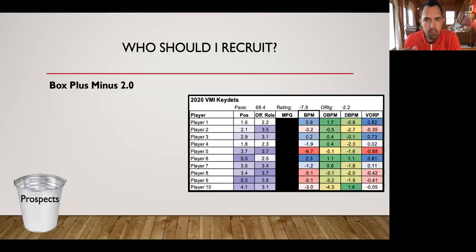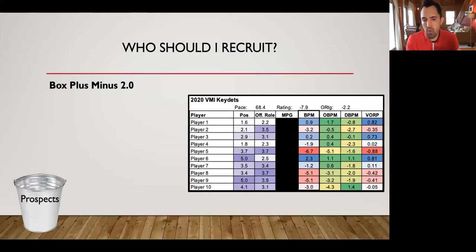So, all right, last thing: who should I recruit? This one is pretty hot off the press. This is called Box Plus Minus 2.0. I touched on Box Plus Minus earlier. If you remember, it was in the column of the play-by-play derived insights, the plus minus stuff. But Box Plus Minus is actually a linear weight equation.